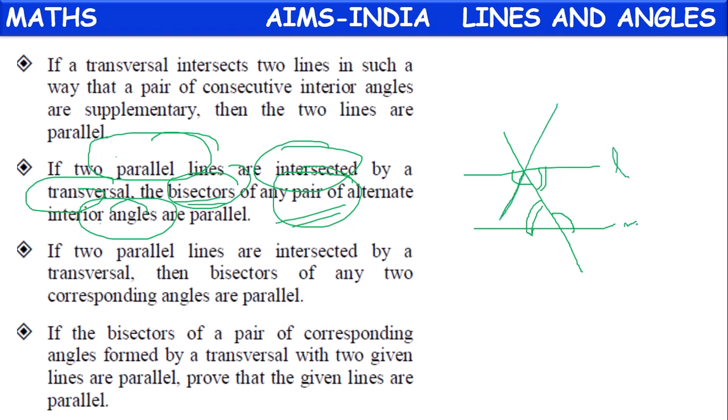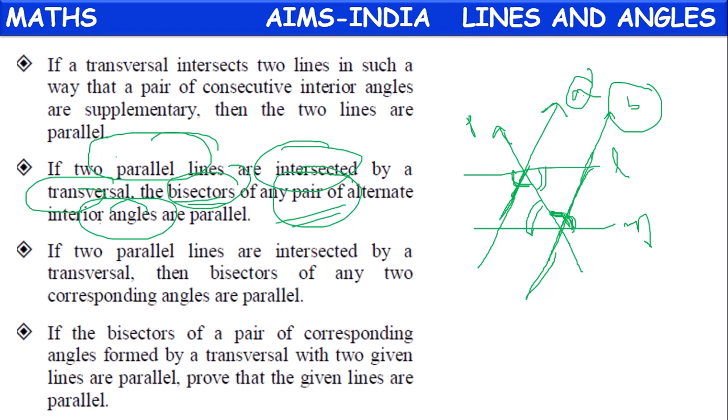Suppose L and M are the parallel lines, P is the transversal, let this line be A and this line be B. These lines A and B are bisecting a pair of alternate interior angles.